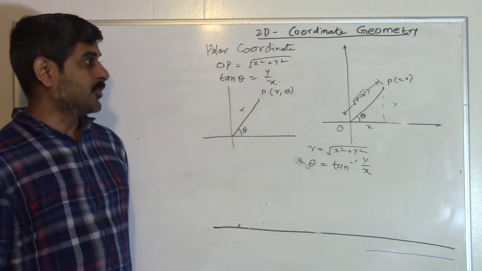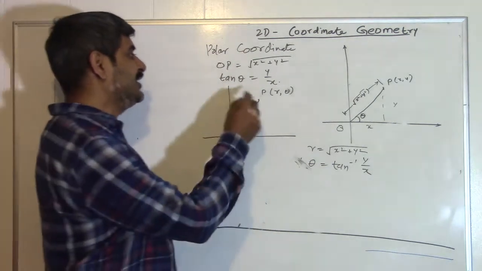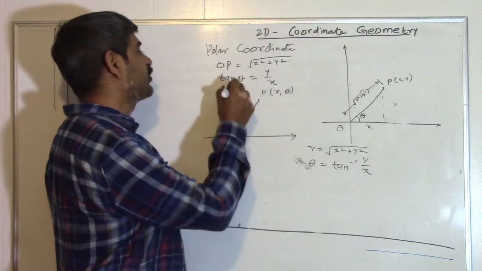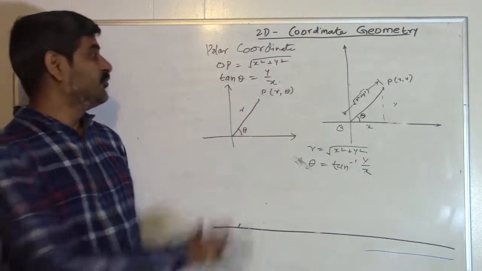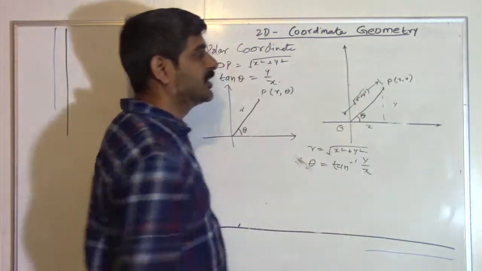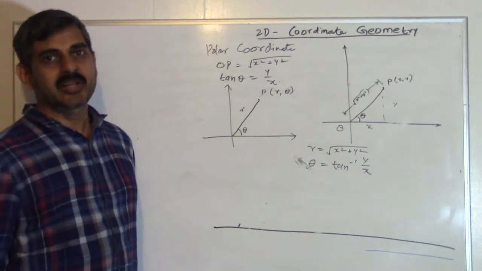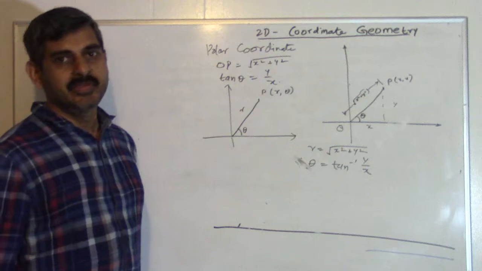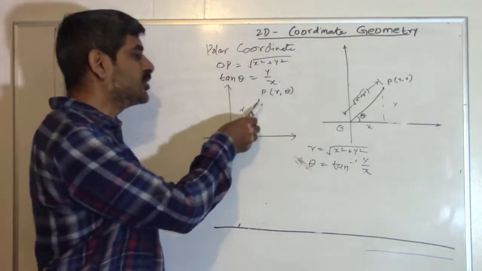So in many problems, engineering problems or any other question, it is easier if you deal with the polar coordinates. A lot of problems are easier to deal with the Cartesian coordinate, but there is a class of problem which will be more easily solved if you use the polar coordinate.